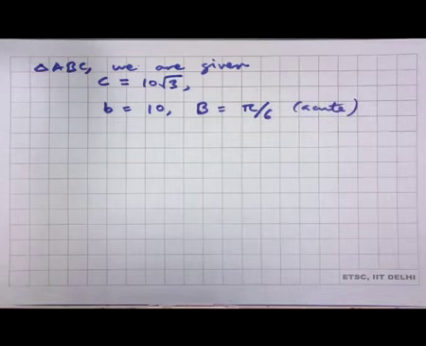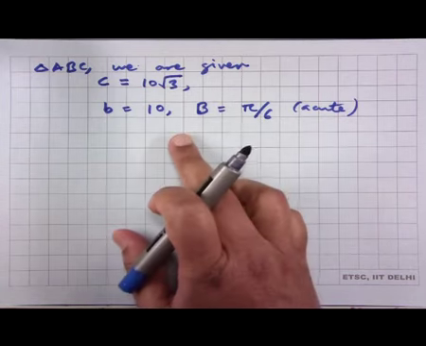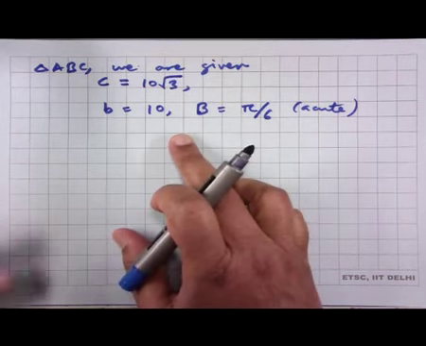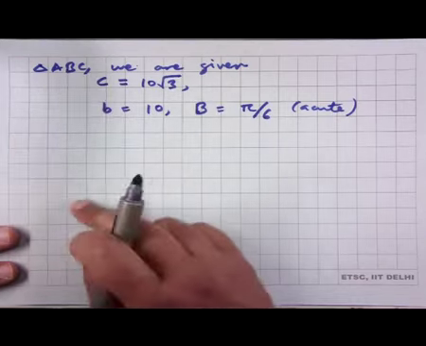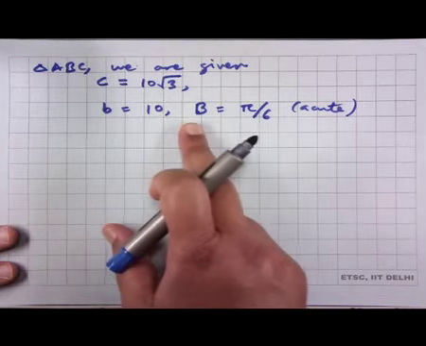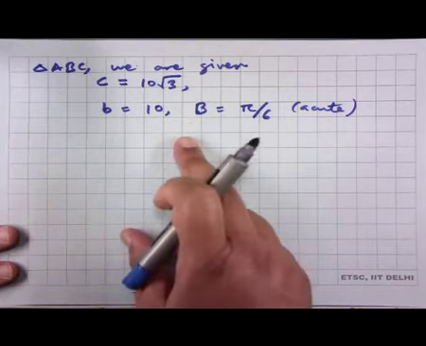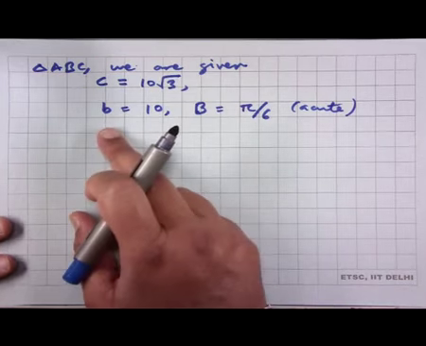And for this case we are asked to solve the triangle or find the triangle ABC, because we are only given three of the 6 elements, and we have to find the remaining 3 elements.